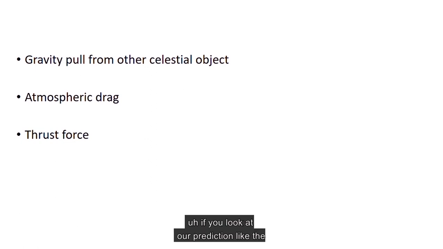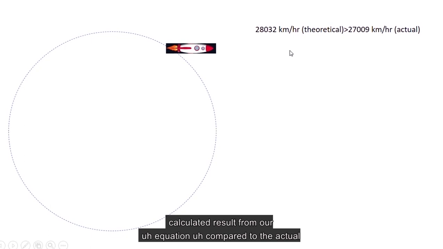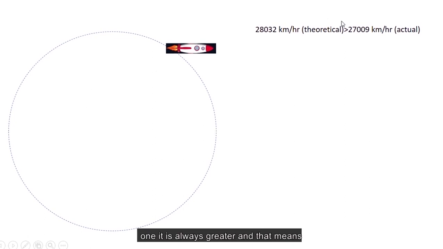So if you look at our prediction, like the calculated result from our equation compared to the actual one, it is always greater, and that means there must be a force that's counteracting part of the universal gravitational force.